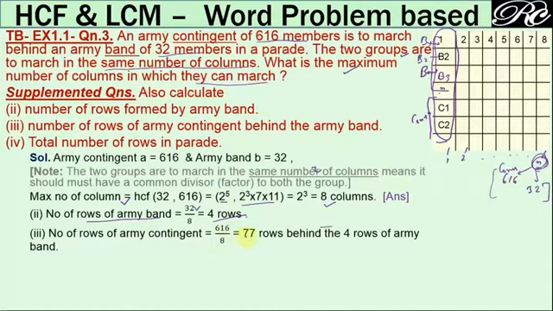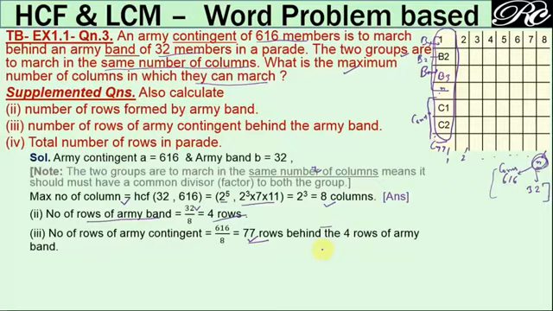So it is 616 divided by 8, it becomes 77 rows. So there are a total of 77 rows. So C77 will be the last one. This is how the other question may be framed.